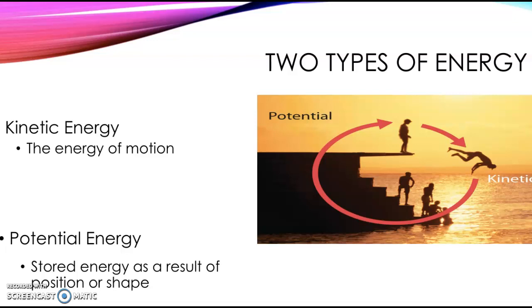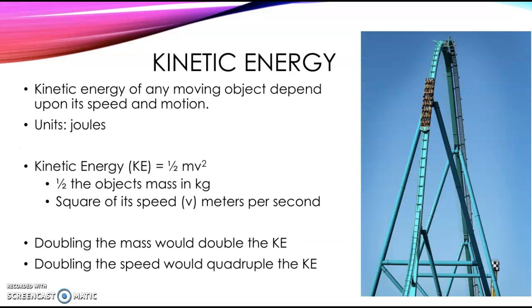Kinetic energy is the energy of motion. If we look at this picture of a person diving off the diving board, the kinetic energy is him actually diving off of that diving board. Then we're going to see potential energy. The potential energy is him standing on top of that diving board. He's building up energy. Kinetic energy is what we're going to focus on first.